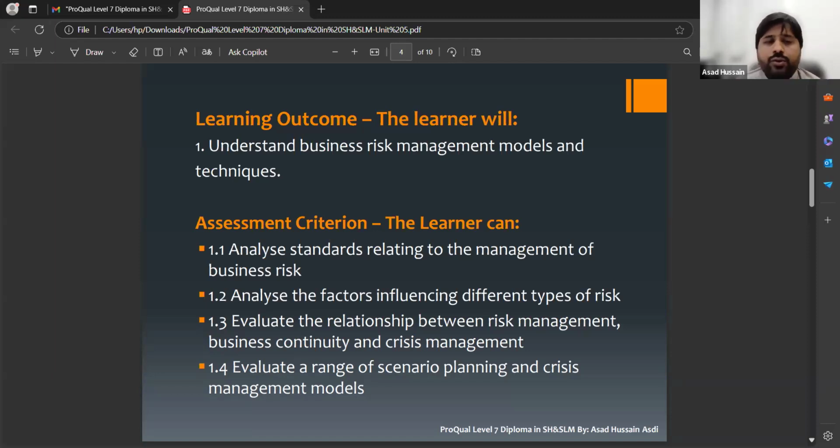Normally you will see this standard in the organization, and if you do not have this standard directly implemented in your organization, sometimes you can see that it is integrated in the management system of the organization. The second one is COSO or ERM.